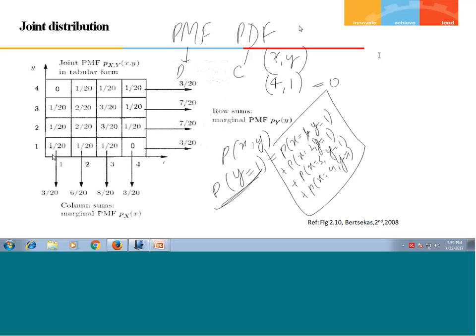Right, sum of rows. This is known as the marginalization of this variable. So here I am marginalizing out the x variable.